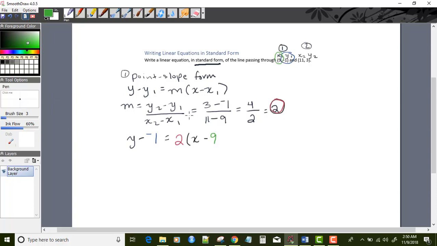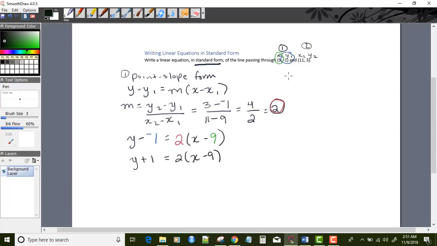So I will substitute 9 for x1 and rewrite this to make it a little bit prettier. Y minus a -1 is y plus 1 equals 2 times parentheses x minus 9. That is my equation in point-slope form.